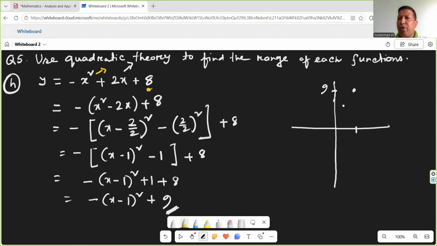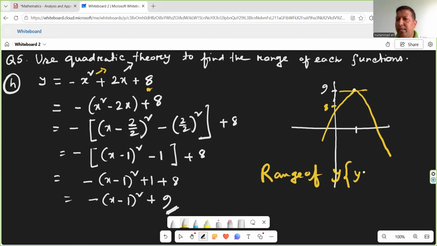So the y-intercept point is 8. So the curve shape will be like this. So we have to write the range of y such that y is less than or equal to 9. So question number H completed.